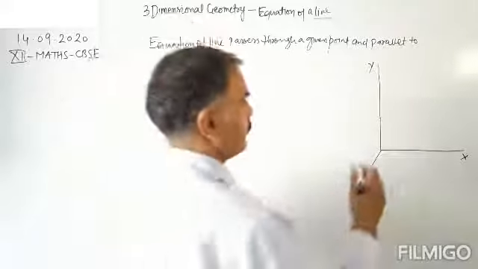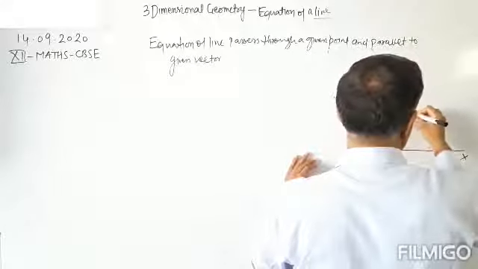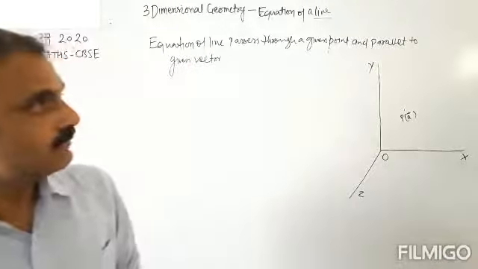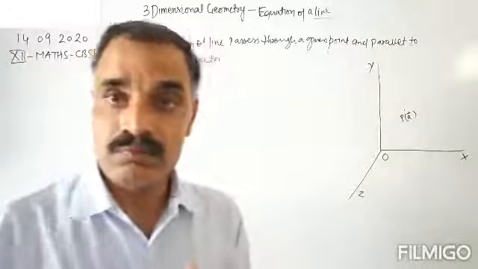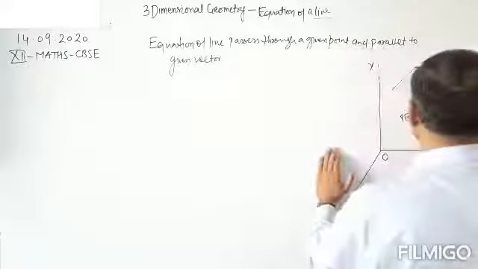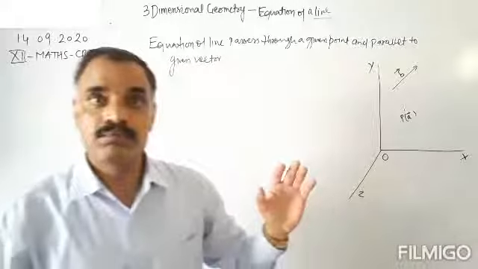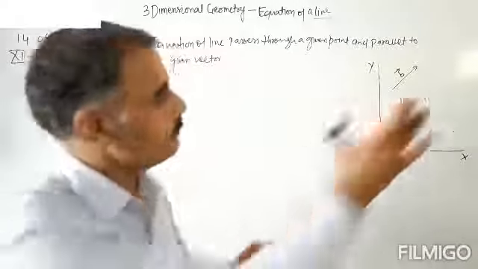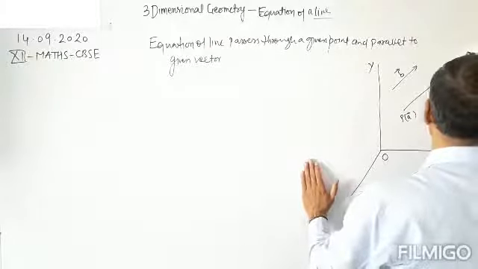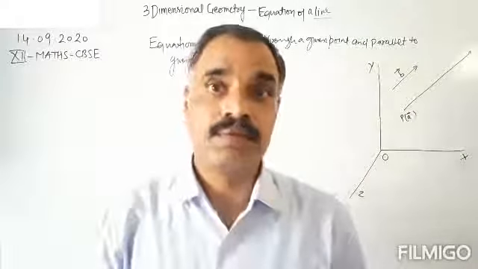Let the given point be this point P, and its position vector is A vector with respect to the origin O. We have to find the equation of a line parallel to the given vector. Let this vector B vector be any vector in space, and we want to find the equation of the line parallel to it.